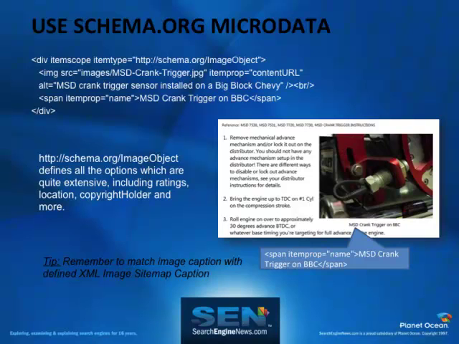The schema.org image object tag defines all the options, which are quite extensive. You can put ratings, a location, the copyright holder, and much more. It's pretty simple to do, and you can see the example here. Again, we recommend that you match the image caption with your defined image sitemap caption as well. It's kind of the same thing with video.